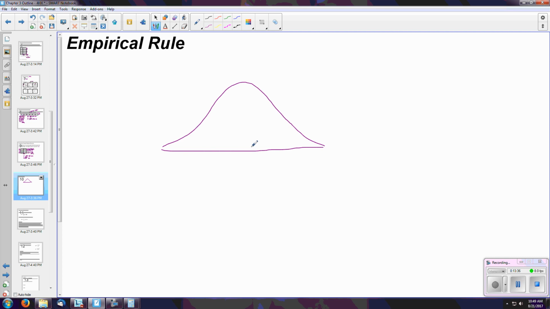Now, when data is approximately normal, that means that the mean, median, and mode are all in the center. In reference to the mean, if we go one standard deviation value to the left or to the right, that means mu plus one standard deviation and mu minus one standard deviation. That will contain approximately 68% of our data. So to the left one standard deviation, to the right one standard deviation. Please excuse the graph distortion here, but that contains approximately 68% of your data.